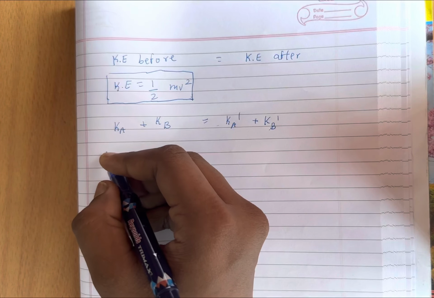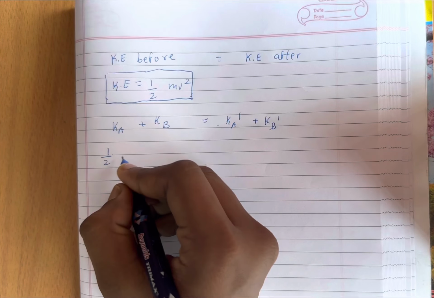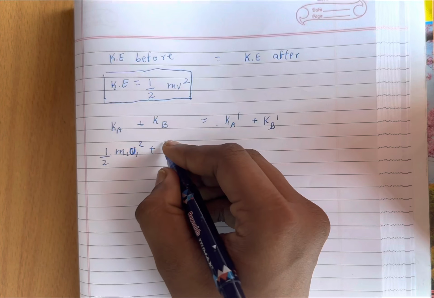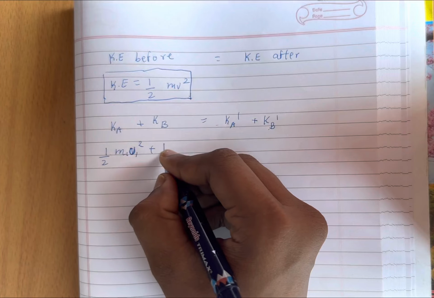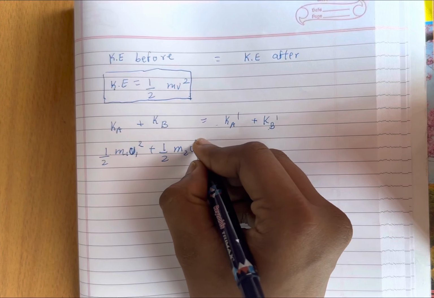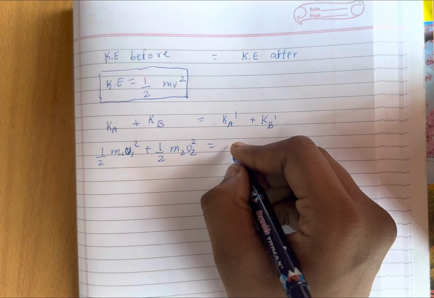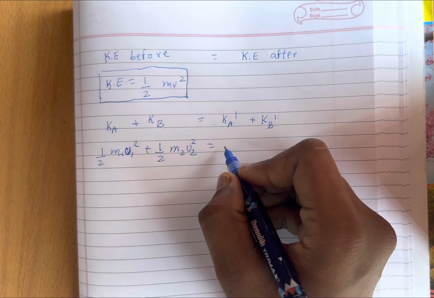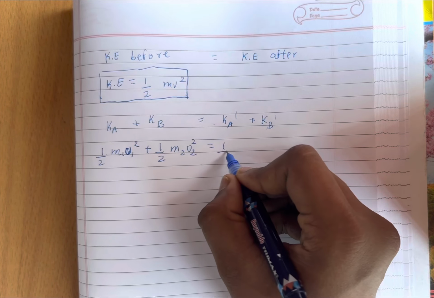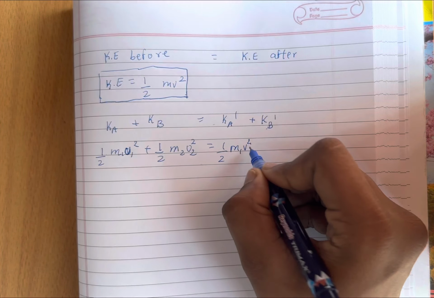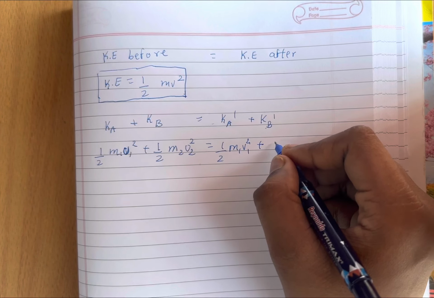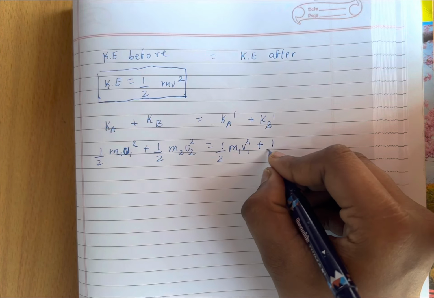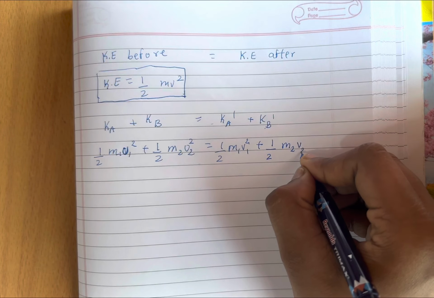So kinetic energy of object A will be half m1 u1 square, plus kinetic energy of object B will be half m2 u2 square, and the kinetic energy after collision of block A will be half m1 v1 square, plus the kinetic energy of block B after collision will be half m2 v2 square.